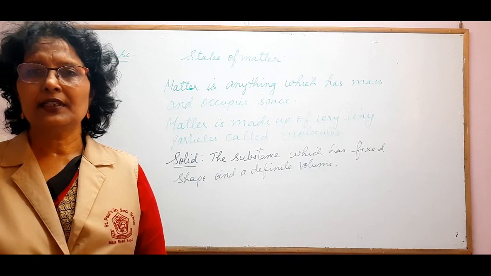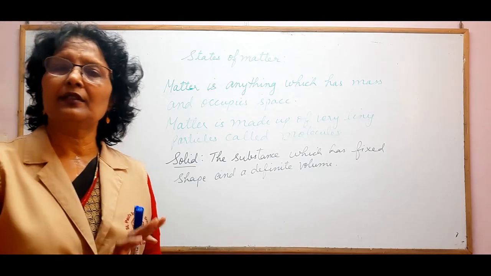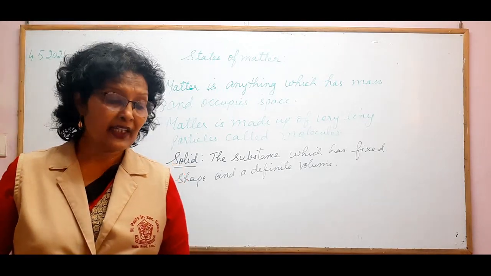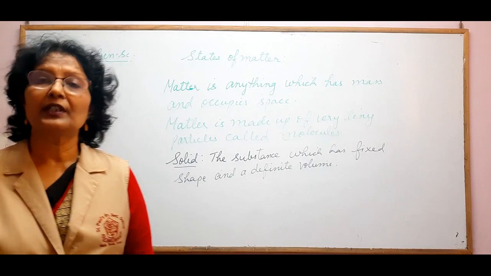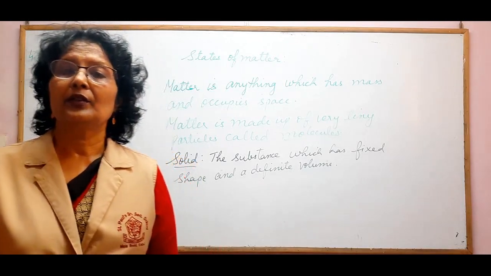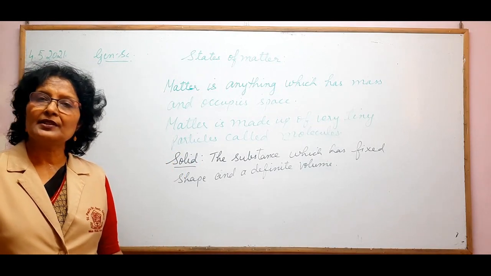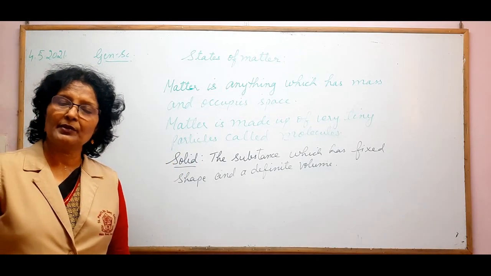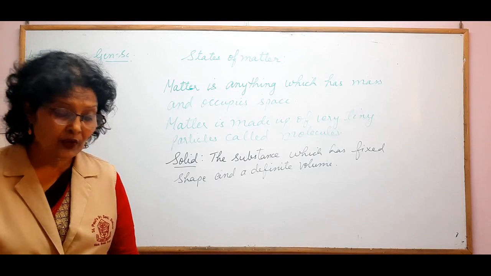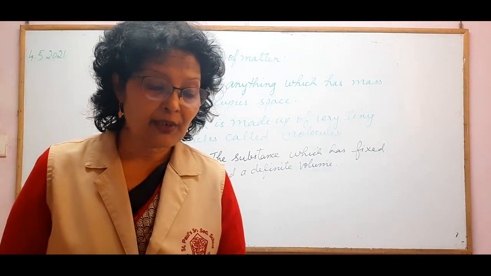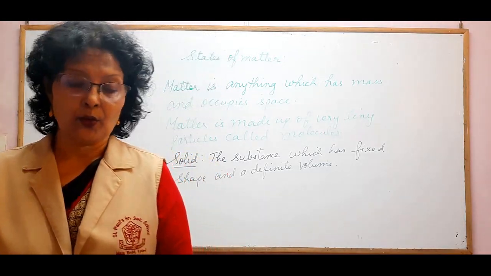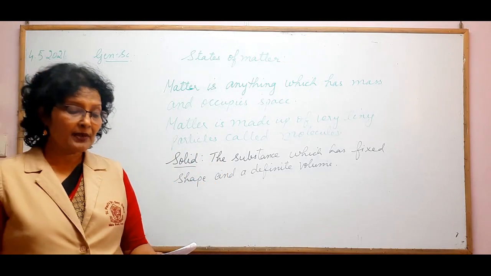It doesn't change. Then again you keep it on the ground. So what happens? The shape remains the same. So again observe its shape. Does its shape change? No. Its shape remains same everywhere.